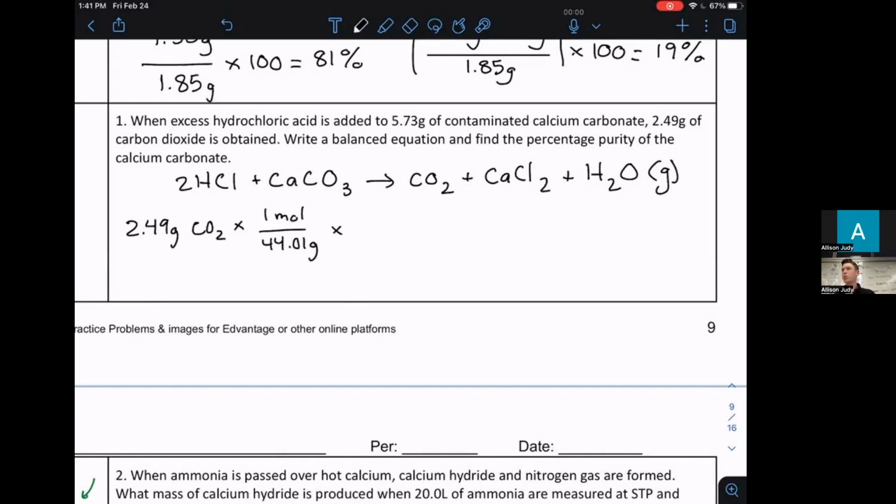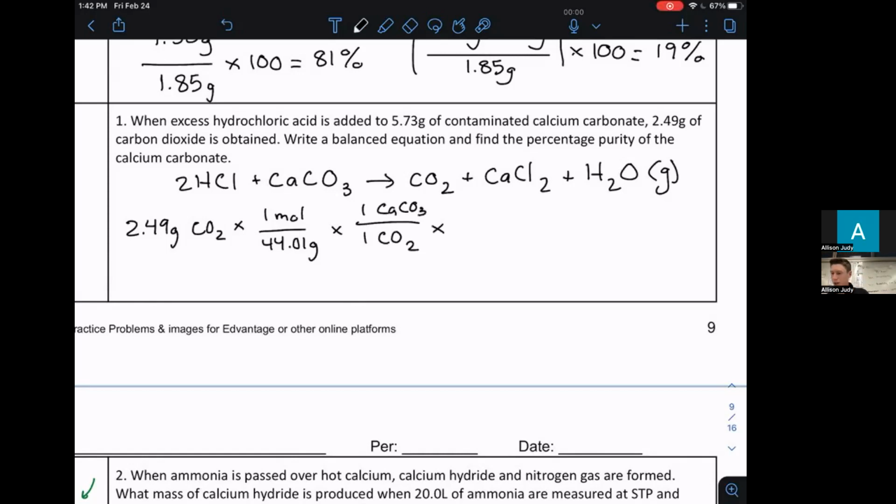And now we need to use our molar ratio to convert back to calcium carbonate, because calcium carbonate is what we're analyzing for percent purity. According to our balanced chemical reaction, which is something you need to do correctly because otherwise you will get the problem wrong, for every 1 mole of carbon dioxide, we have 1 mole of calcium carbonate.